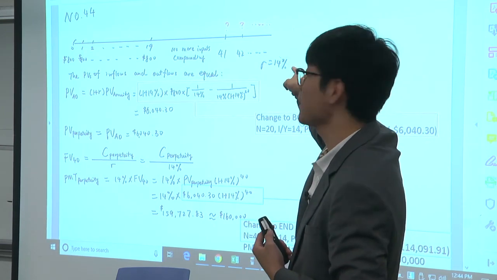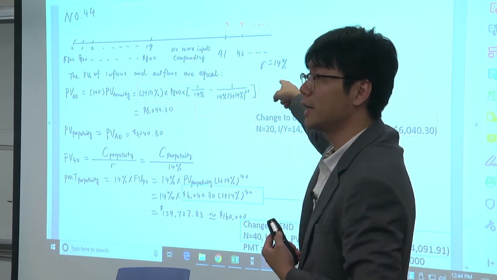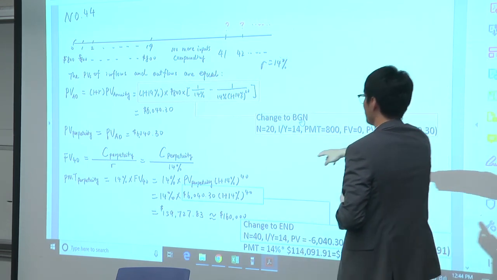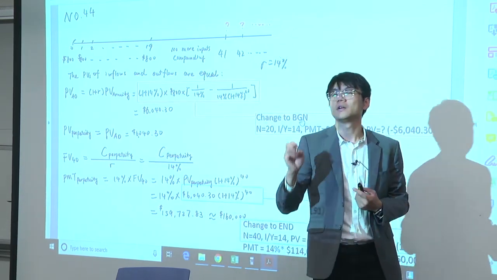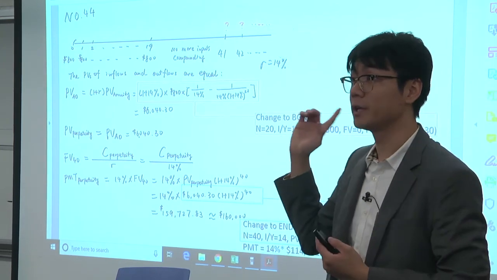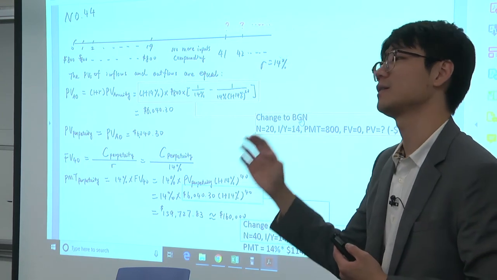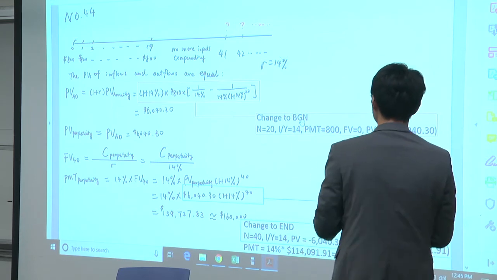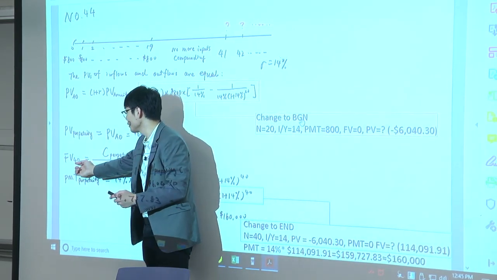The first payment of this perpetuity is in the 41st year, so the value stands one year before the first payment: the 40th year. So the value I calculate from this equation stands at the 40th year.